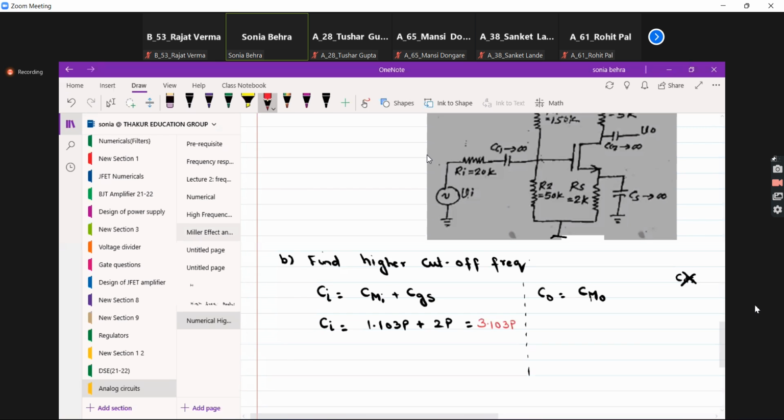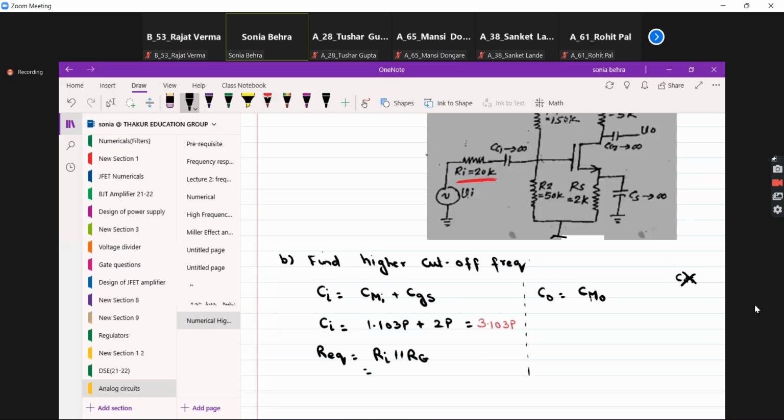Now you have to find R equivalent, the input side R equivalent. You can look at this circuit and tell me your R equivalent will be nothing but, here, instead of R signal we have RI. So it will be RI in parallel to RG.